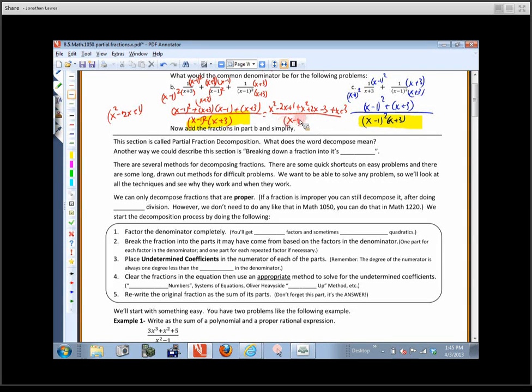X minus 1 quantity squared, x plus 3. Let's collect the like terms. I've got 2x squareds, done with those. I've got a minus 2x and a 2x. Those go away. So I'm left with a plus x and then a positive 4. Now, if we were into simplifying here, we'd try and factor the numerator. Does the numerator factor?